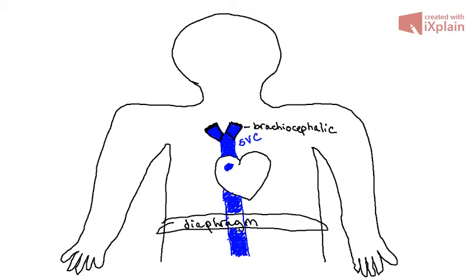But in the veins, we have both left and right brachiocephalic trunks. And those brachiocephalic trunks are fed by, just like a tree trunk, it branches out. So this has two major branches that feed into the brachiocephalic trunk.